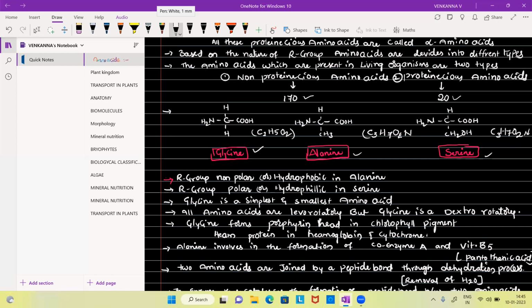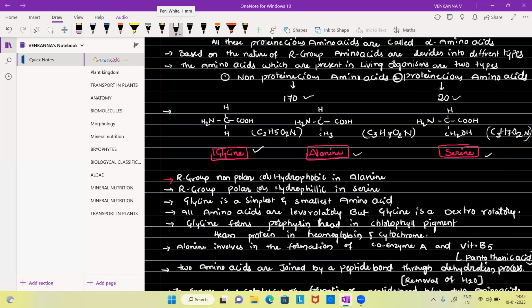So C2H5O2N is the molecular formula of glycine, C3H7O2N of alanine, and C3H7O2N of serine. These are all simple amino acids with simple structures.